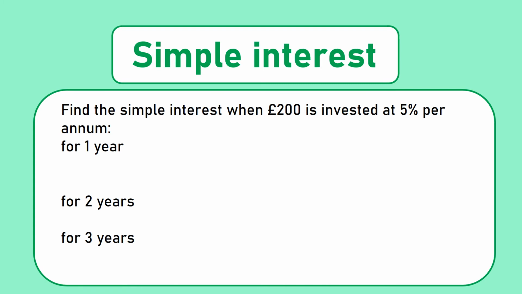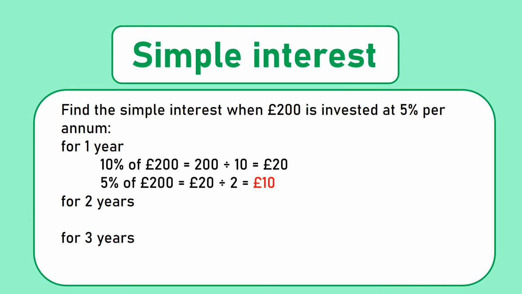So now we're going to find the simple interest when £200 is invested at 5% per annum for 1 year, for 2 years, and then for 3 years. So the first thing we'll do is work out 10% of 200 by dividing 200 by 10, which gives us £20.